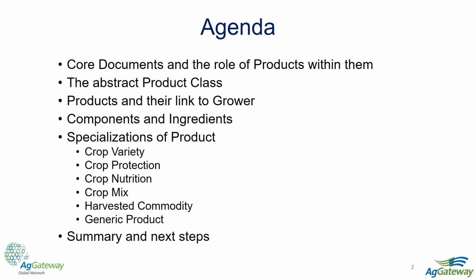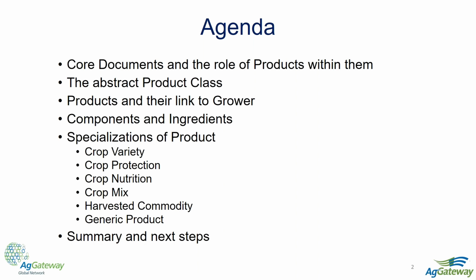Let's review the agenda very quickly. We'll start with a quick review of the core documents and the role of products within them. Then we will look at the abstract product class, and at products and their link to the grower.